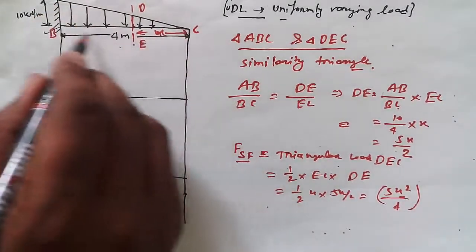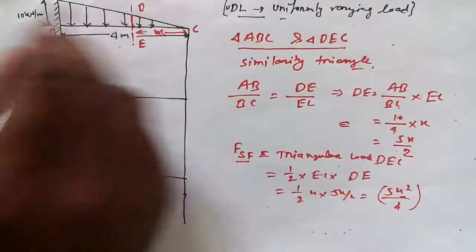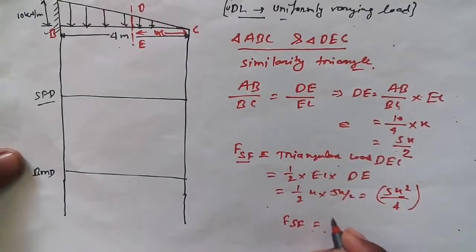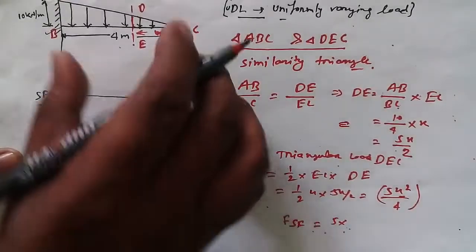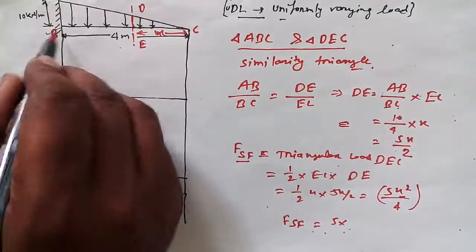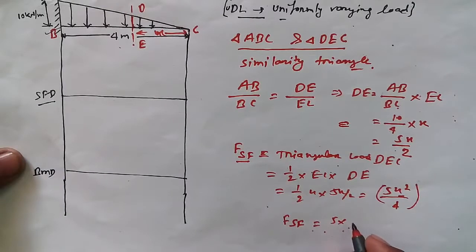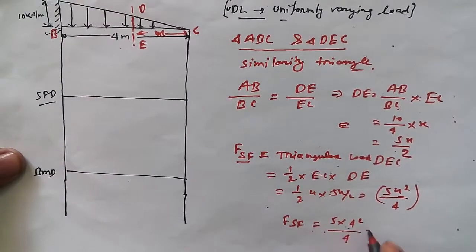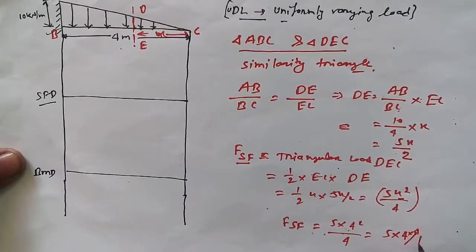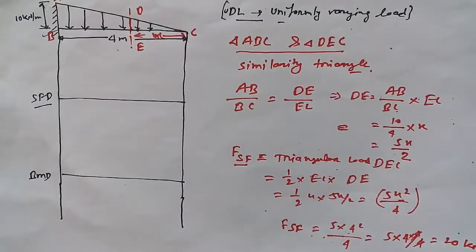Since we are going to find the total shear force from C to B, X is 4. So SF is equal to 5 into 4 square by 4, that means 5 into 4 by 4, the 4 cancels, giving 20 kilonewton. We get a shear force of 20 kilonewton.